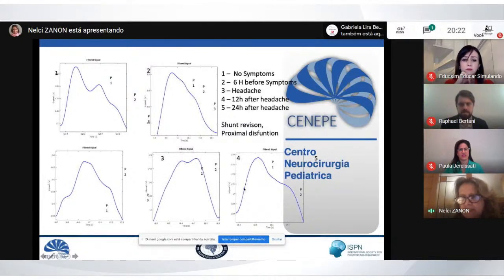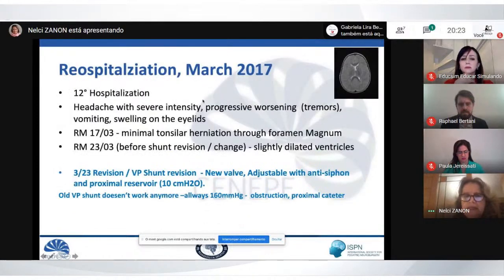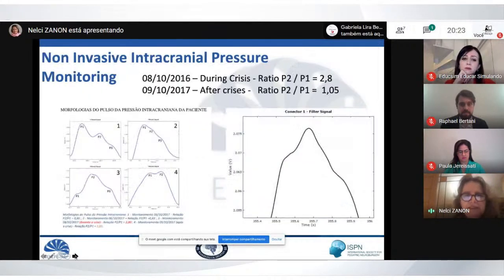And when the symptoms went away, the wave came back, not normal, but became better, with P1 bigger than P2. And when this came to us, we just did a shunt revision again, and she improved, now for more than a year.